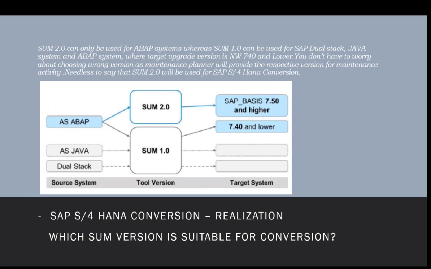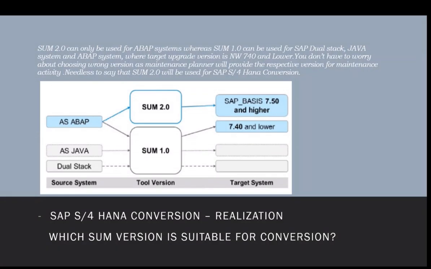But if your ERP system is running on any other database, then you have to do the database migration also. Because as I told you earlier, your S/4HANA system will run only on HANA database.